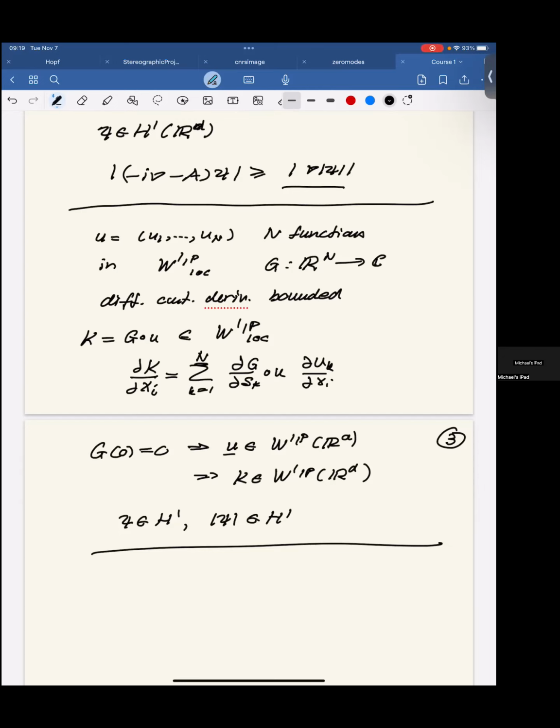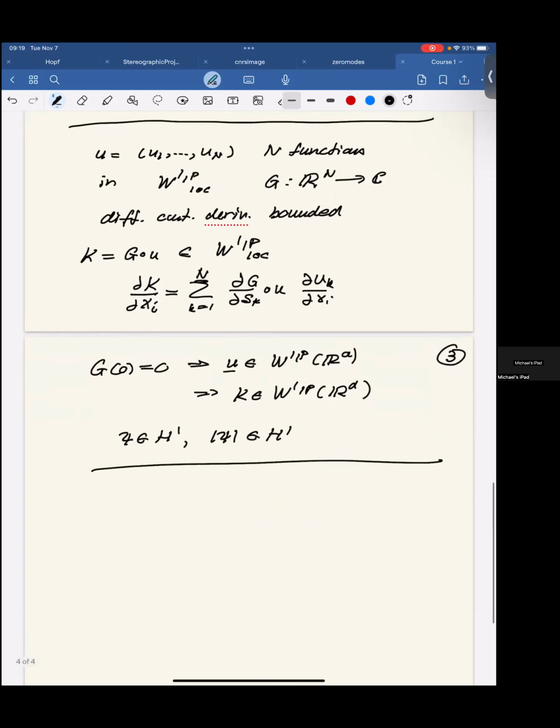We need the derivatives to be in L^p, and here the derivatives are bounded and the function vanishes at 0, so the composition is in W^{1,p}, not just local. This is a standard thing which you find in many textbooks on PDEs, and I will use this frequently.